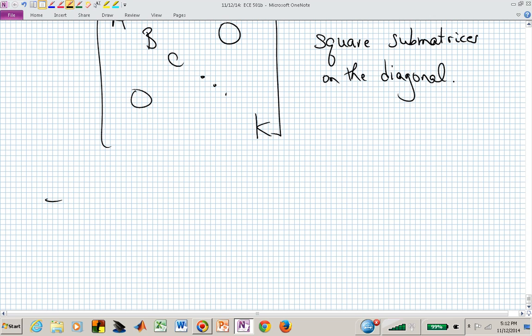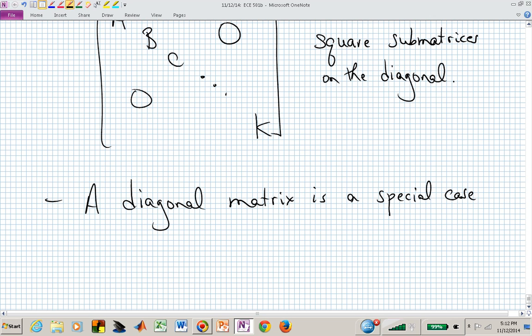Some statements we can make about block diagonal matrices. A diagonal matrix is in fact a special case of a block diagonal matrix. What are the dimensions on those blocks A, B, C through K if we have a diagonal matrix?